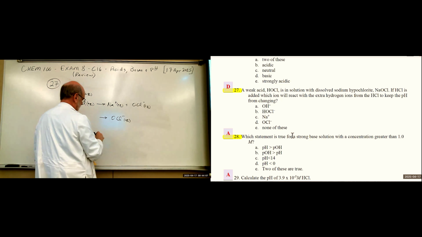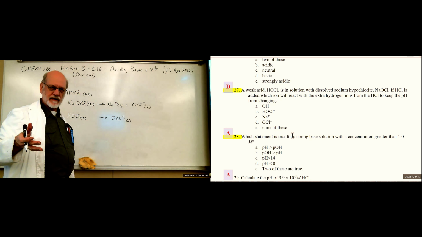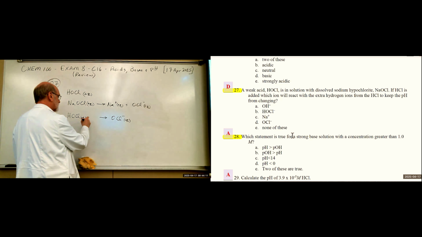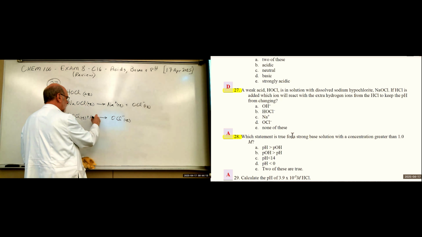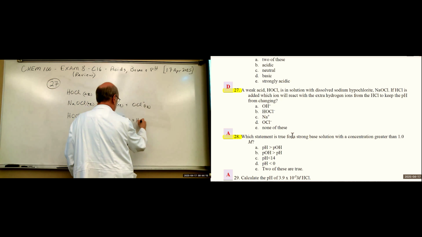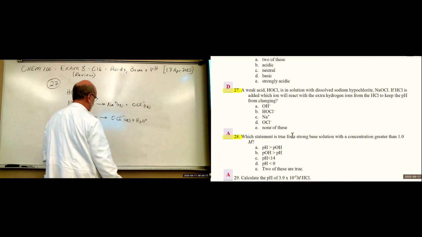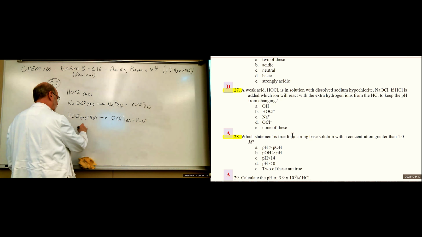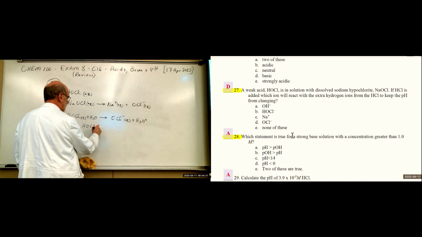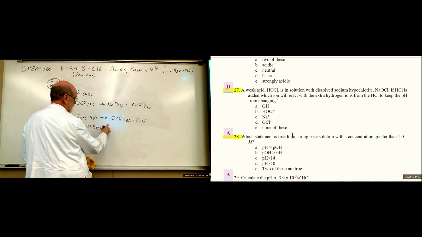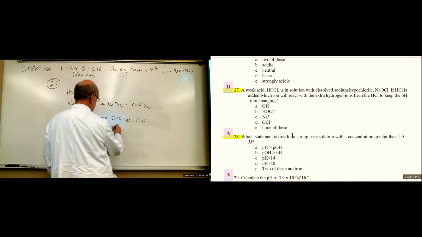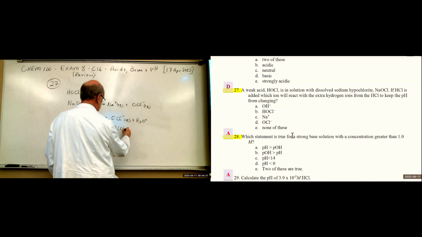Now, if we write it the way that it actually happens in solution, we put a water here and hydronium there. Or if we want to write it in simplified form, for calculation purposes, then this will work just fine.